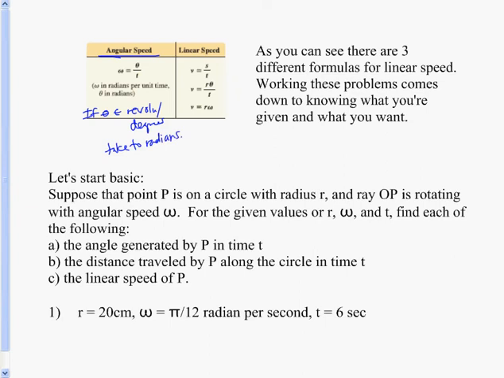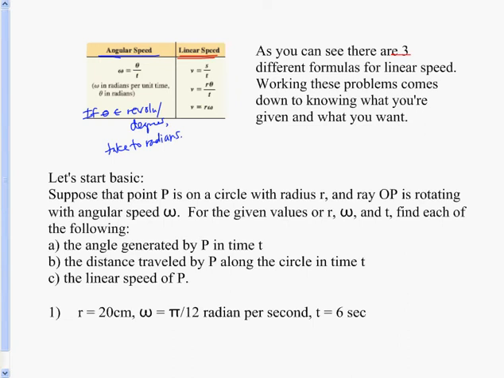We'll see that as we work these actual problems. Now, linear speed has multiple representations. We could do velocity as arc length over time. Remembering that arc length is the radius times theta, you could use radius times theta over time. And remembering that theta over time is angular speed, we could use radius times angular speed.